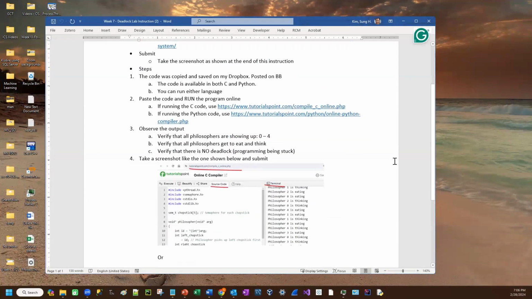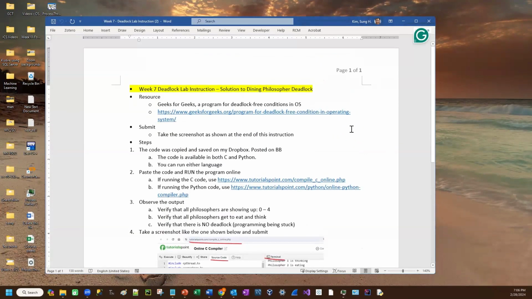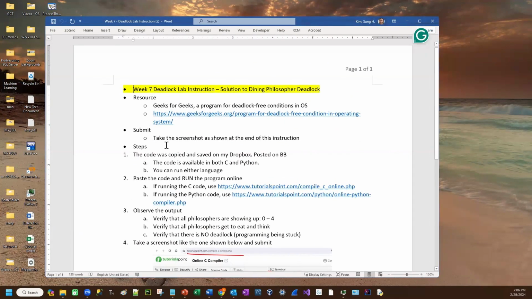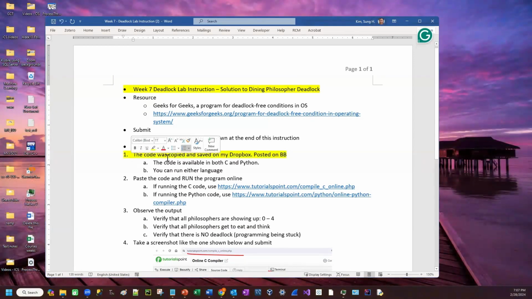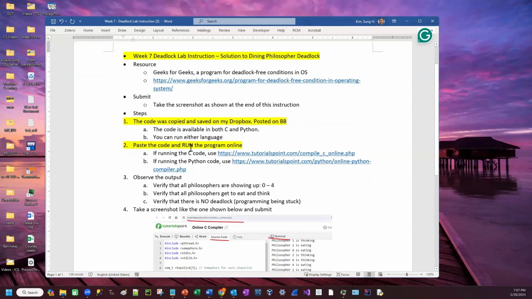Basically, it's only one page, and this is a solution to the dining philosopher situation where there could be a deadlock, right? And so what I'd like you to do is basically get the code, paste it onto an online compiler, and run.